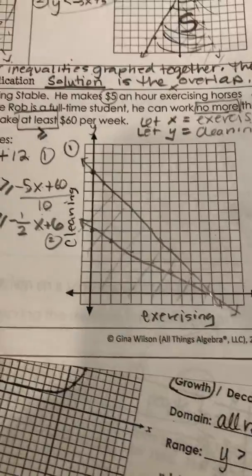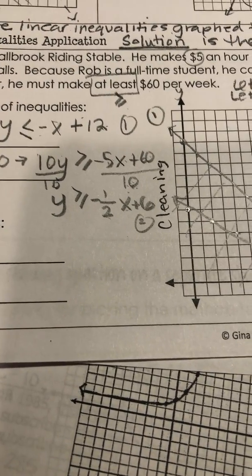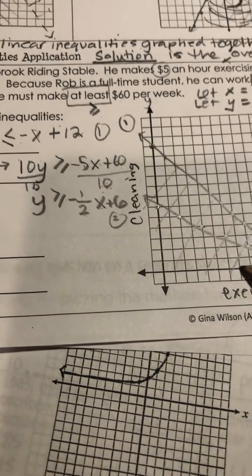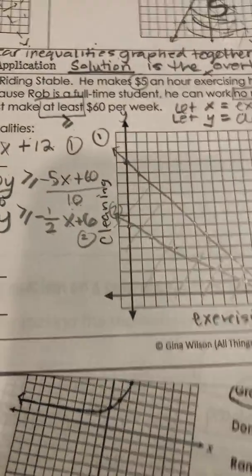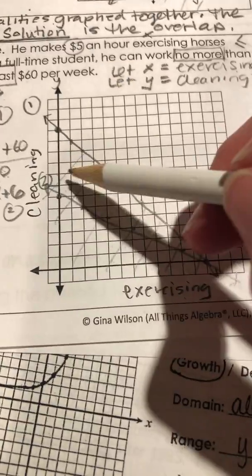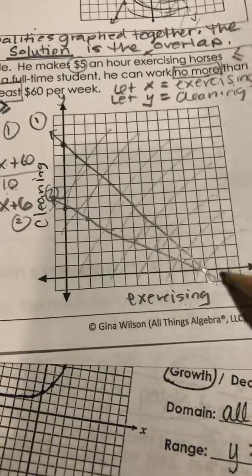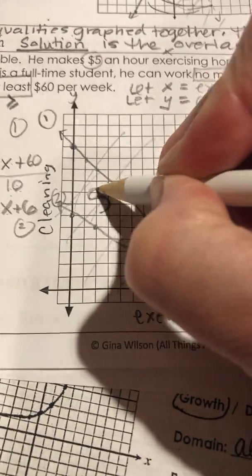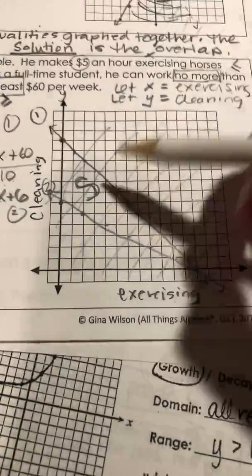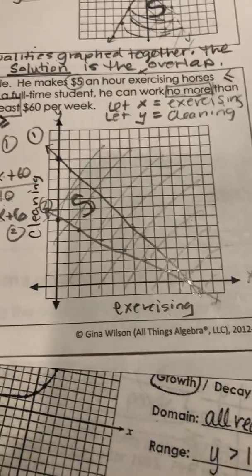And then the second one, y is greater than, so that one is going in the opposite direction because it's the y that is greater. Now remember, the solution is simply where they overlap. So it's this little piece of the pie that is the winner.